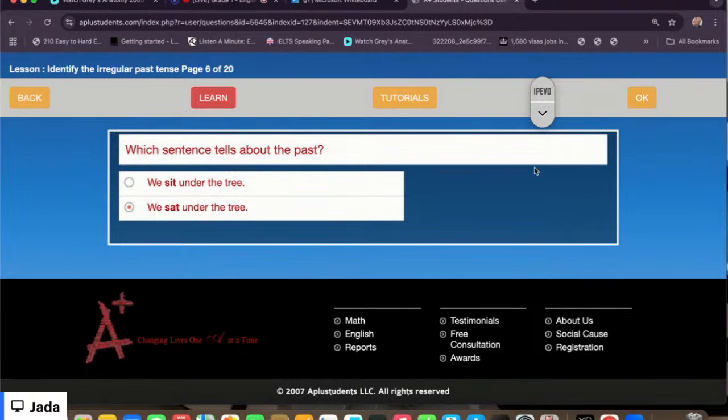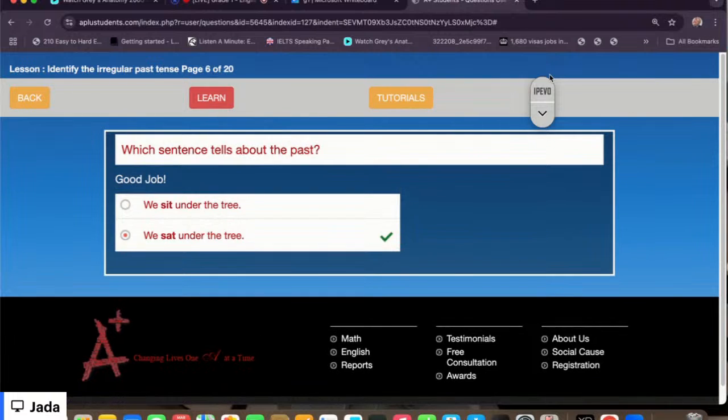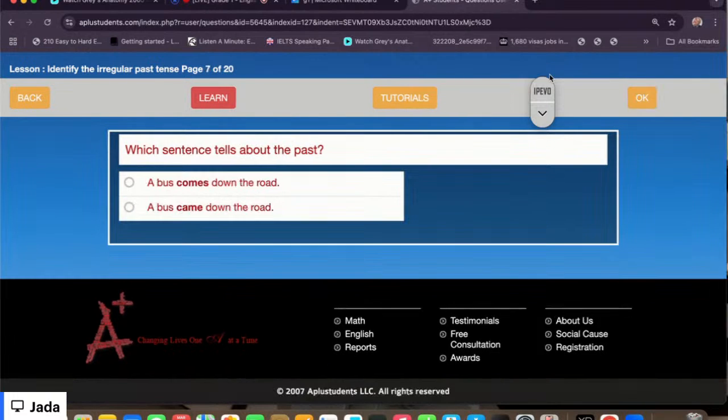Alright, so we sat under the tree. A bus comes down the road. A bus came down the road.